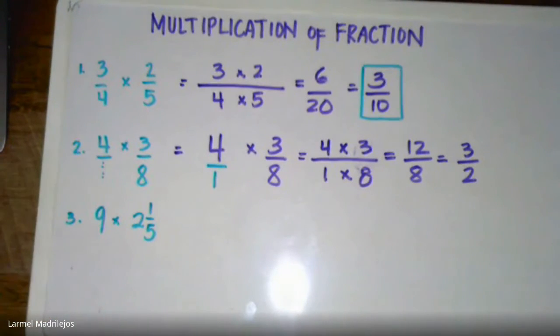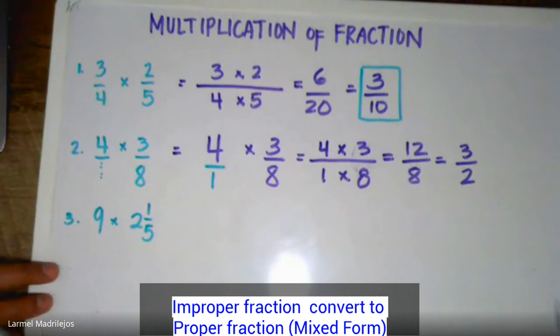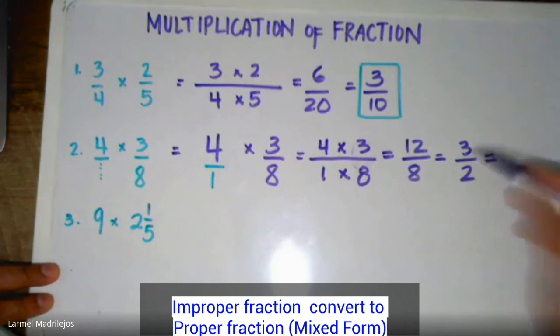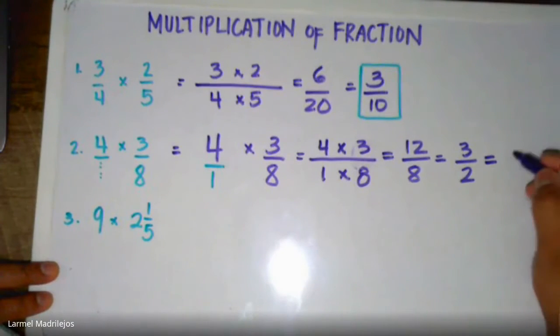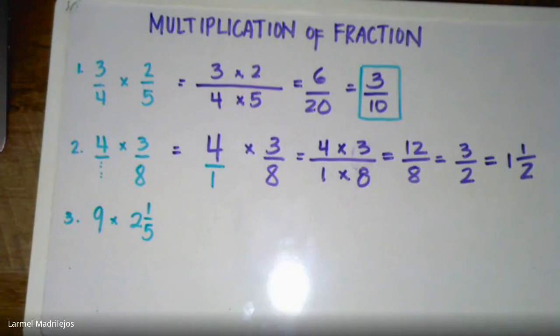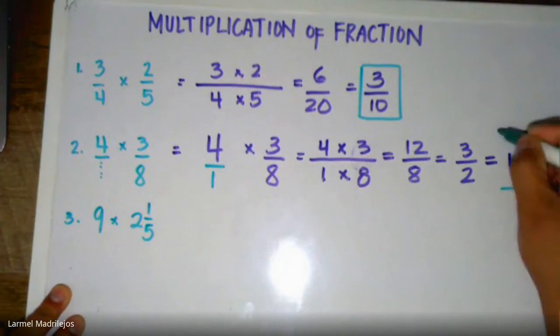That's simplified, but this is an improper fraction. Let's make it a proper fraction or mixed number. How many 2's in 3, or 3 divided by 2? I have 1. So the remainder is 1. That's going to be my answer.